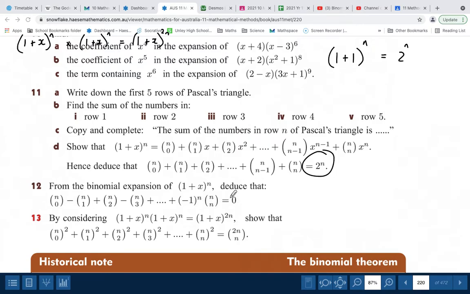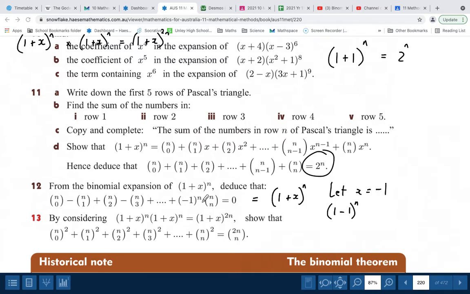Similarly, how can I get this 0? When we get to question 12, I could do it using the same setup. This 1 plus x to the n, how can I make that equal 0? We could let x equal minus 1. So you'll be saying 1 minus 1 to the power of n. You could expand that out in the same way as they've done here and here.